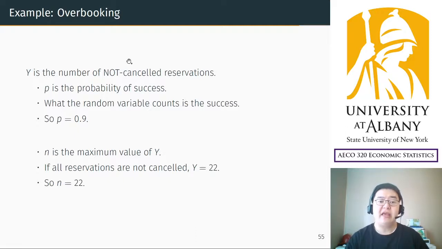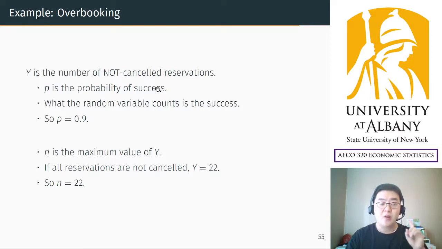Because if you count cancellations, p was the probability of cancellation. But now I am counting non-canceled reservations, so the parameter p has to be the probability of non-cancellation. By definition, what we count is success, and p is the probability of success.